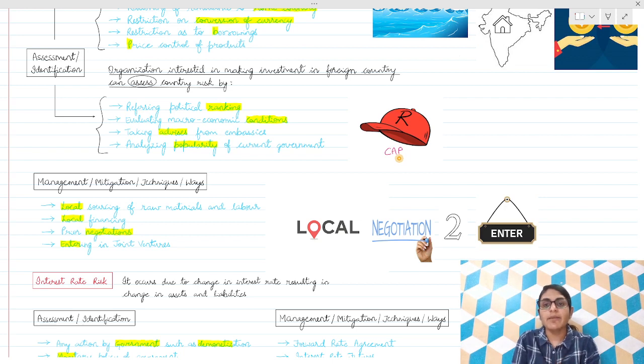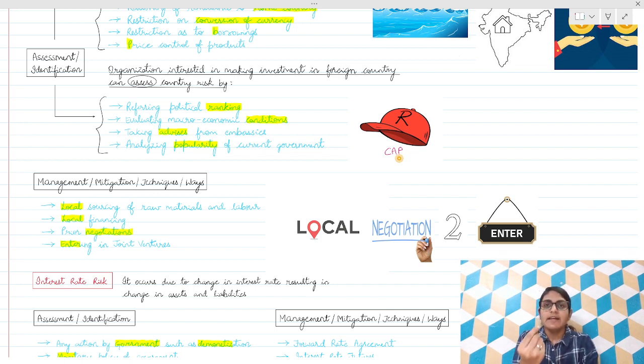Conditions, evaluating macroeconomic conditions. Advisors, taking advices from embassies. And P is popularity, analyzing popularity of current government.